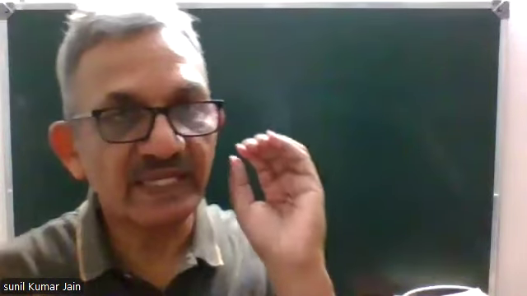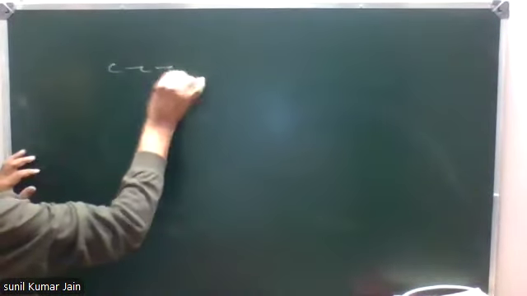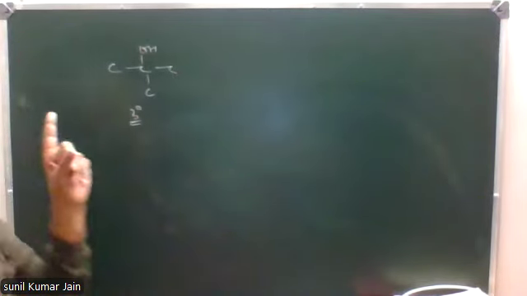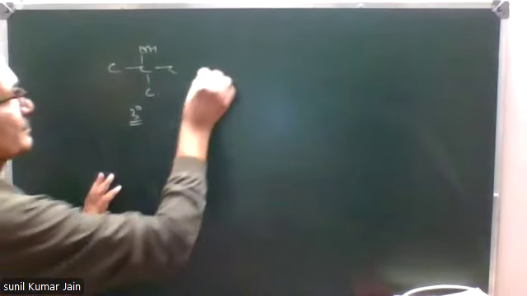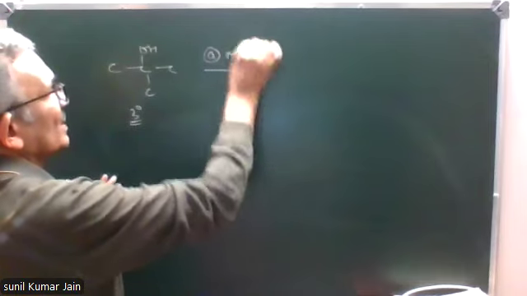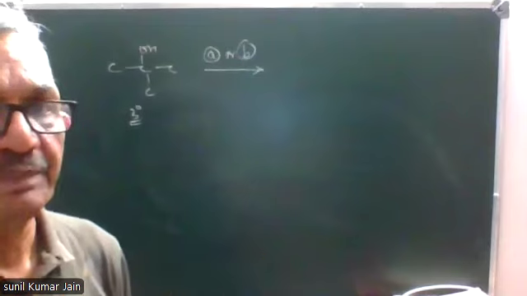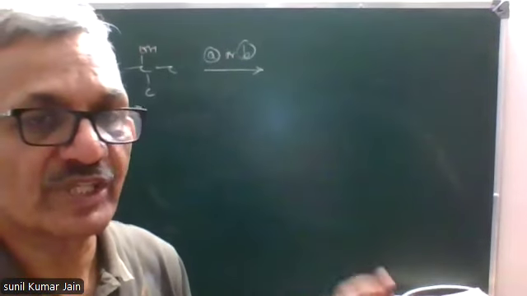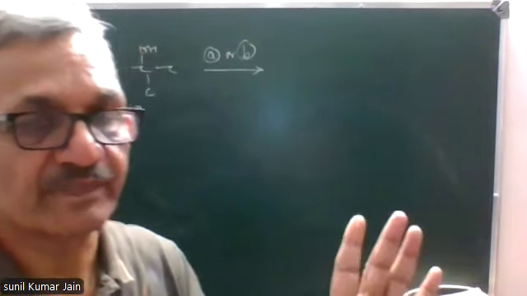For example, I'm taking 2 examples and I'll tell you what you have written in these steps. Please keep on writing. This is tertiary butyl alcohol. With A or B, first of all, tertiary alcohol will change into an alkene.